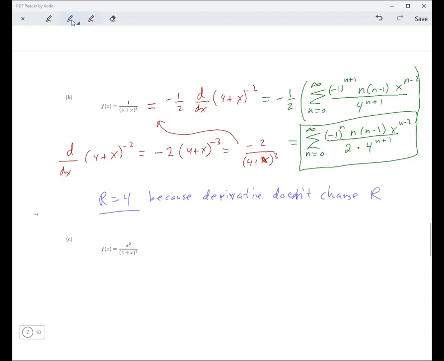Okay, and then for this last one, this is just x squared times 1 over 4 plus x to the third. And so essentially, you're taking all of this and multiplying by x squared. And the way to do that would be to just add 2 right here.